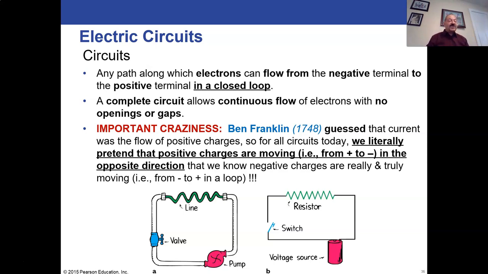So whenever somebody asks what the current is doing, we talk about these theoretical positive charges going in the opposite direction from the real electrons. Just keep that in mind if you study circuits in the future. We always treat it as if it's the positive charges moving. The math becomes exactly the same. You're just making believe that everything's going the opposite way.